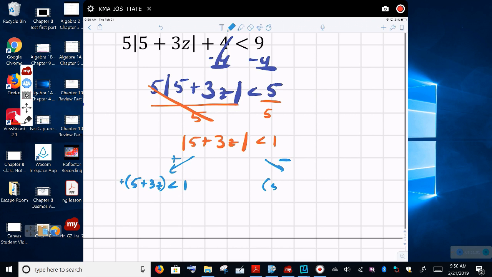And then the 5 plus 3z, that's the negative version. If I get rid of the parentheses, you might not even write it to start with, which is okay. It's just going to make this a negative 1 and then flip the sign.